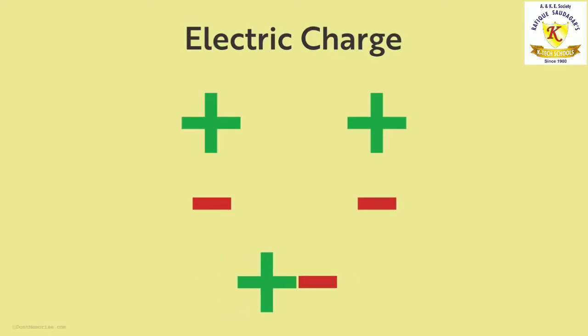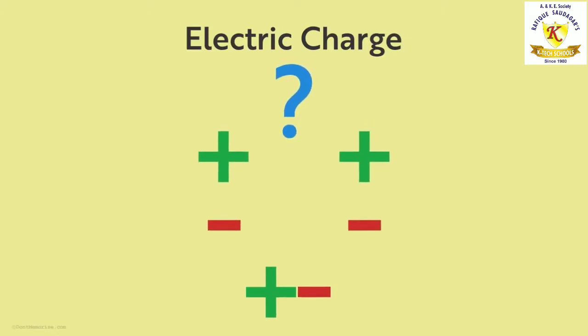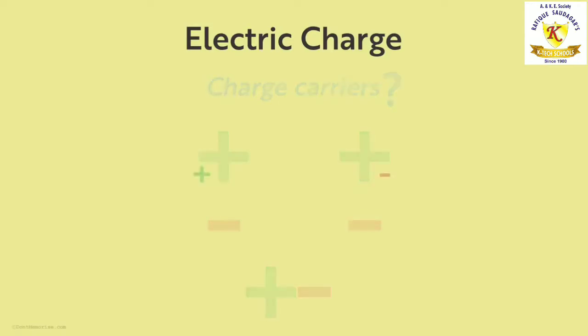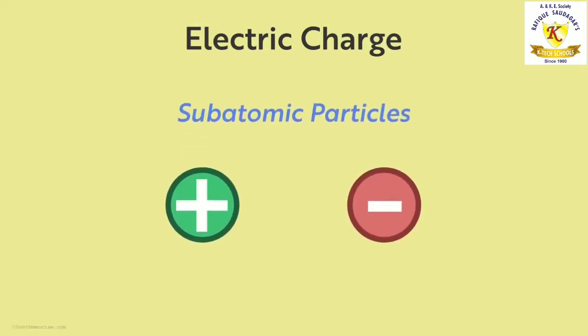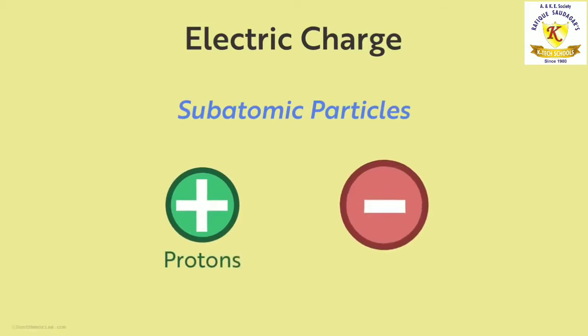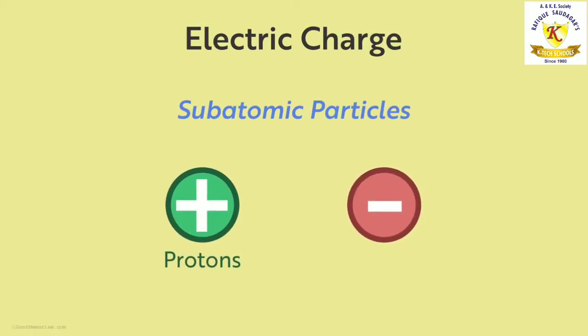But what exactly is charge? Or in other words, who actually carries these charges? Well, these charges are carried by tiny particles with incredibly small mass. They are called subatomic particles. The positive charges are carried by particles called protons, while negative ones are carried by particles called electrons.